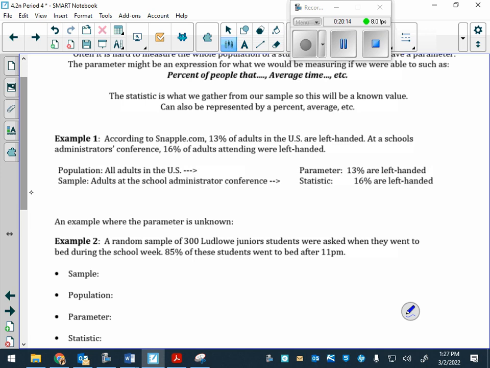Now, looking at the parameter of all adults, they gave us this information. So that represents all. The statistic, however, is 16% of this sample, okay? So if you notice, is the wording the same? We have a percent here, both saying left-handed. This is all adults, and this is just adults at blah, blah, blah. So the wording is going to be very simple, very similar, okay?